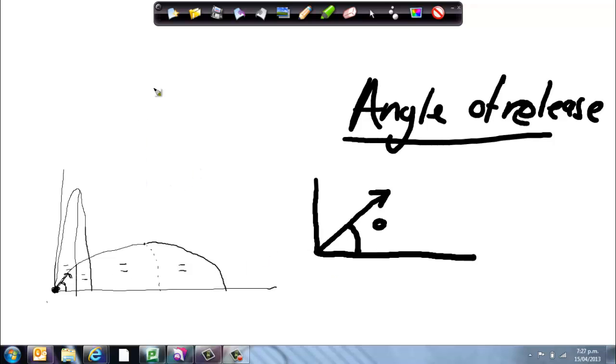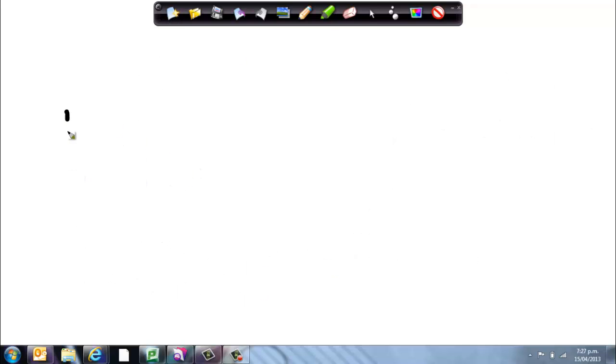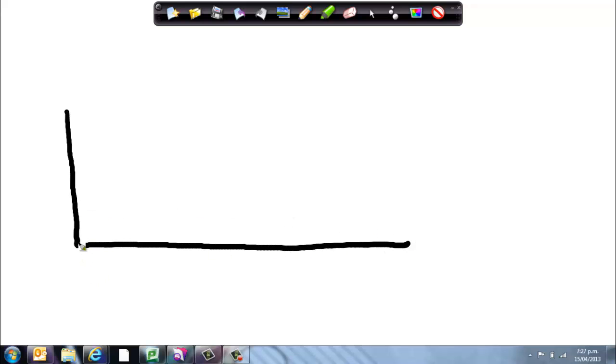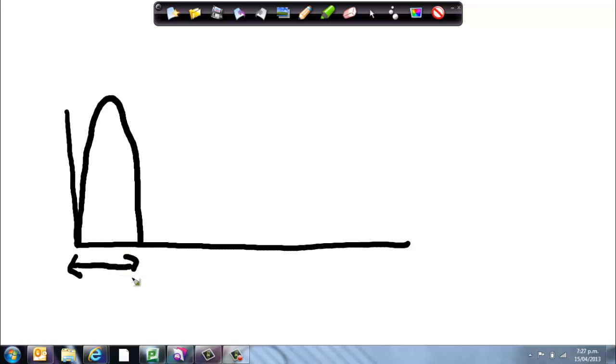Now the higher that we release the ball, and it gets to that point where it starts to come back down again, the least distance it will go. But also, the lower we release it, it gets to there, follows that path down, the less distance it will go.